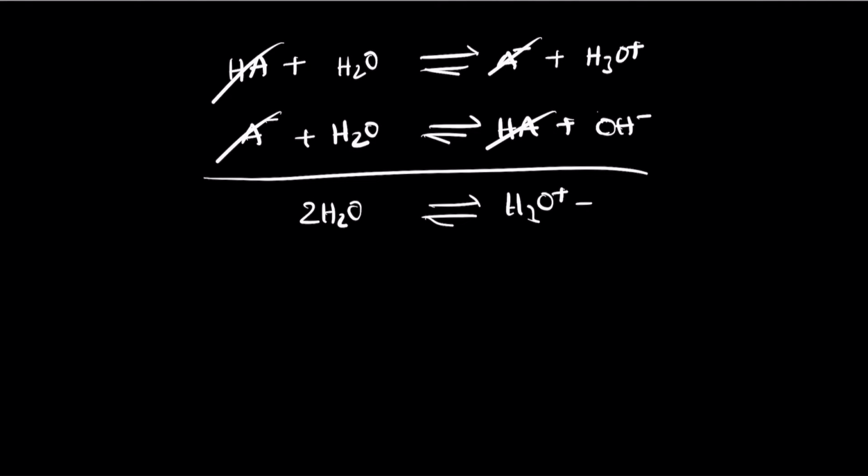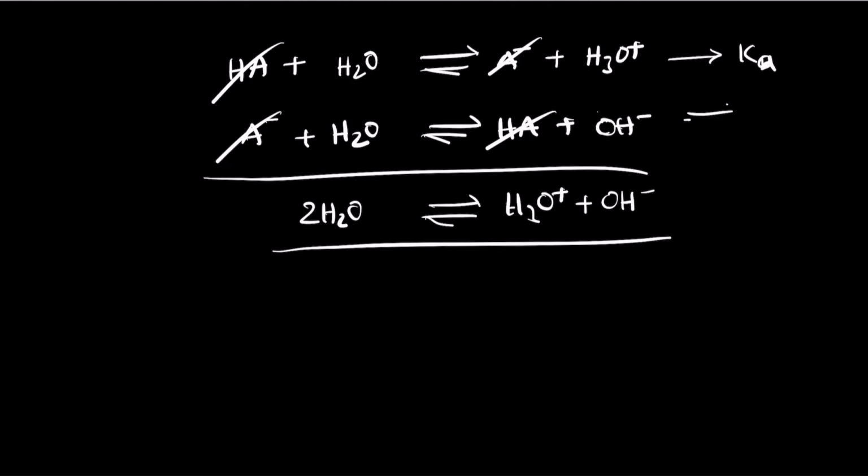It becomes H2O plus H2O giving H3O plus plus OH minus. This is the equation for the autoionization of water. Notice that the constant for the acid reaction is Ka, and for the base reaction it is Kb. So we can write that Kw is the product of Ka and Kb.